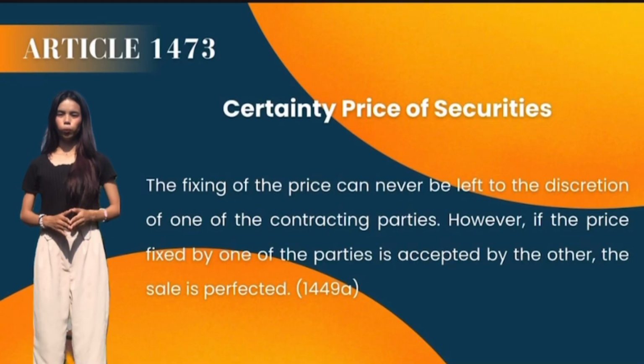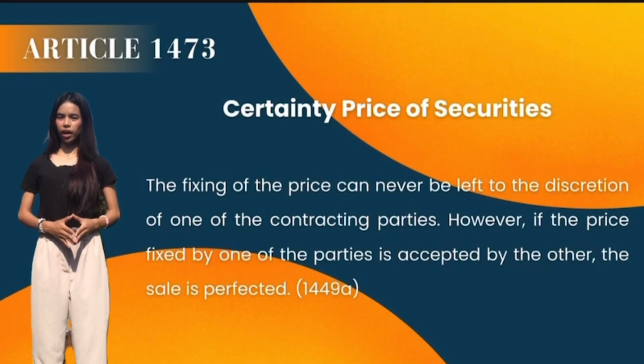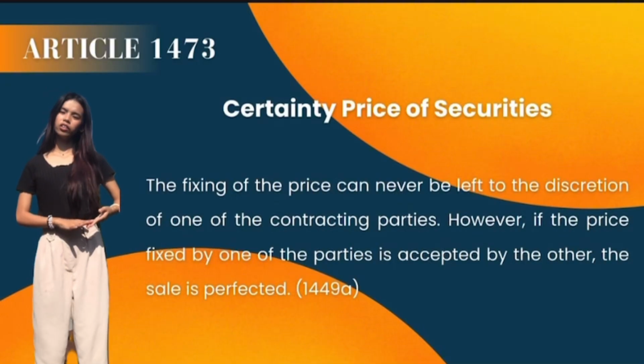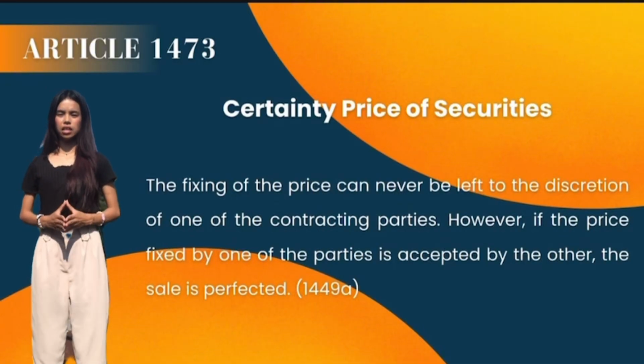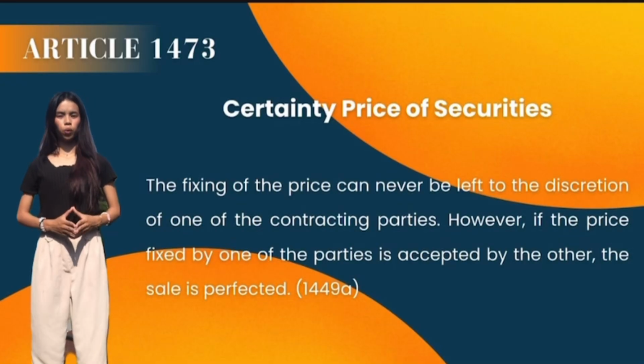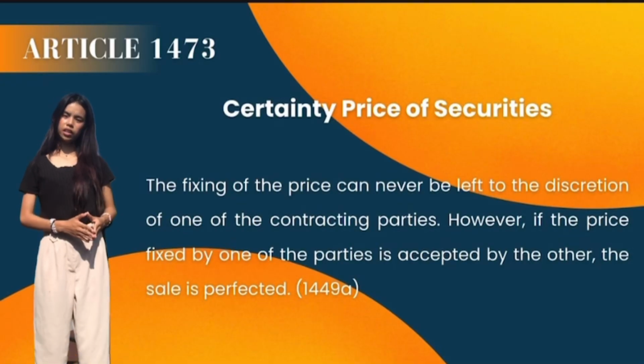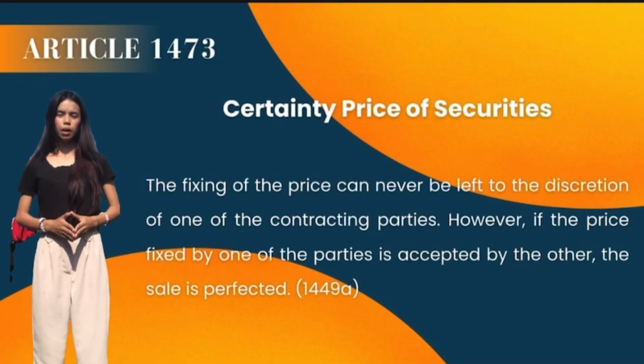Therefore, while arbitrarily setting the price is prohibited as it undermines mutual consent, the law recognizes the validity of a sale when a price proposed by one party is willingly and knowingly agreed upon by the other. This highlights the importance of acceptance in finalizing these key aspects of a sales agreement.